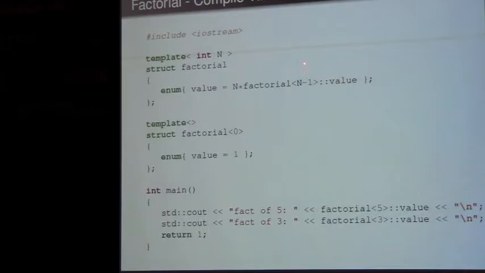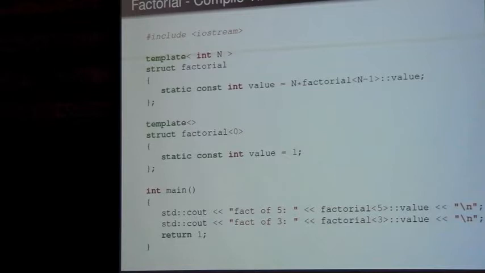So we start off, we throw in 5, and so here it is 5 times, and then it's going to create factorial of 4 minus 1 as its template parameter, colon, value, which continues to recurse down and do the same thing.